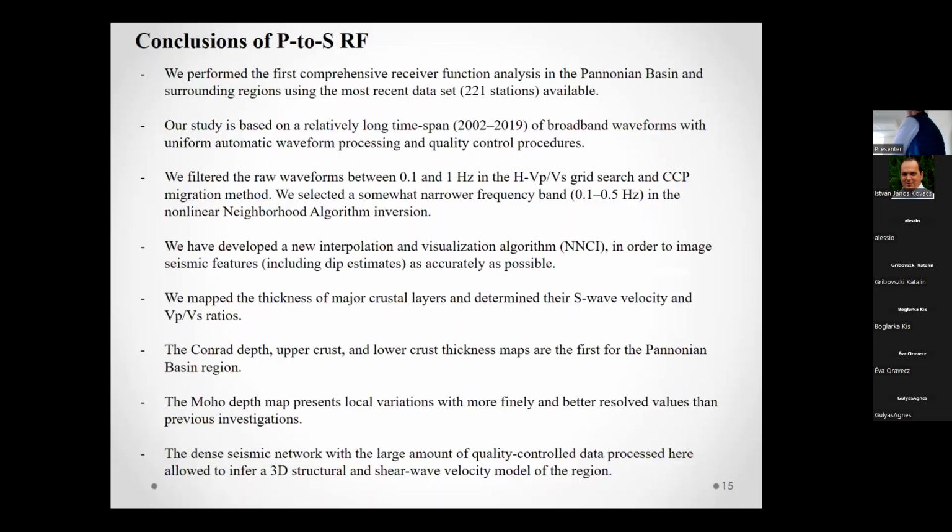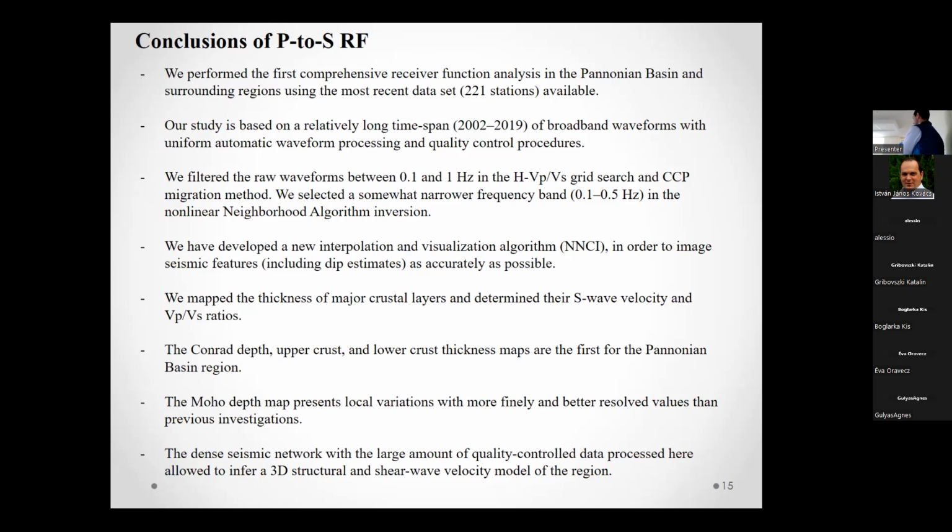So this is the conclusion of the P2S receiver function studies. I highlight the most important points. We mapped the thickness of the major crustal layers and determined the S-wave velocity. I am not sure about the details in the presentation, but you can see details in the article.